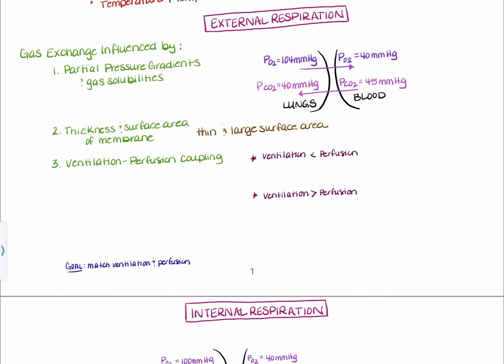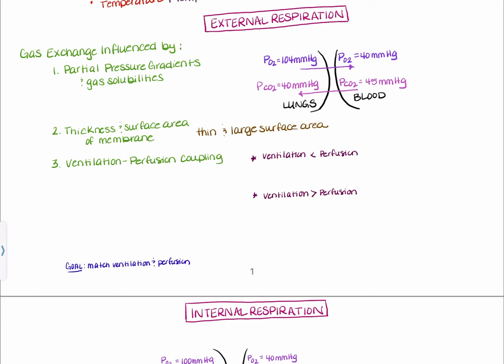If we have anything that's going to cause our membrane to be thicker, something like inflammation, that would decrease our ability to do gas exchange in external respiration. Surface area, for the most part, is pretty much consistent unless we do something with our surfactant, and if we don't have surfactant, it's going to reduce the surface area of our alveoli.